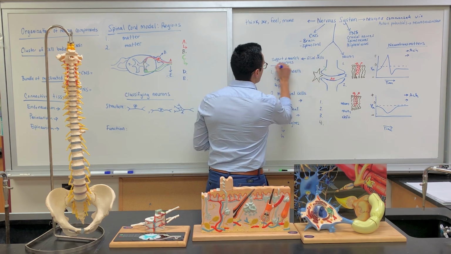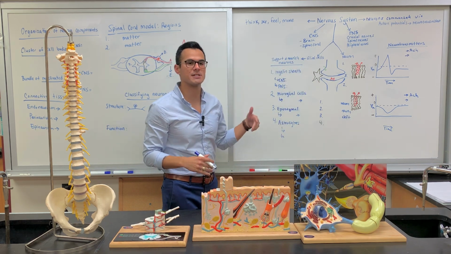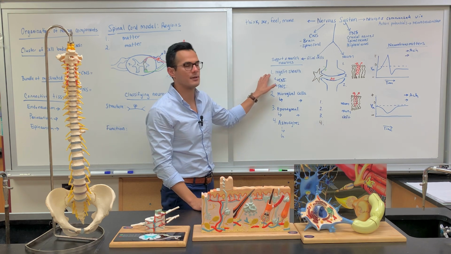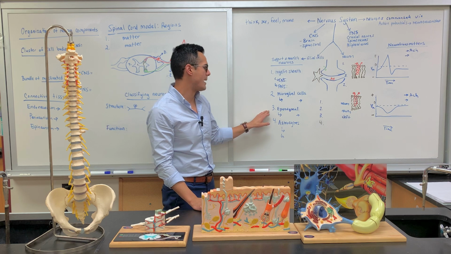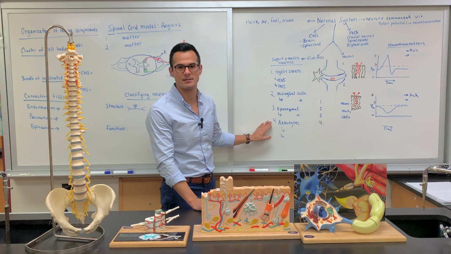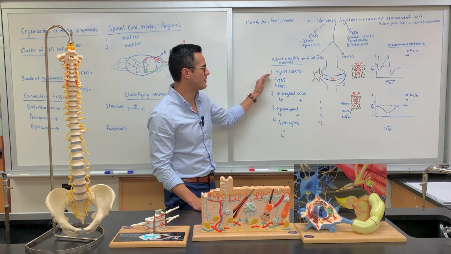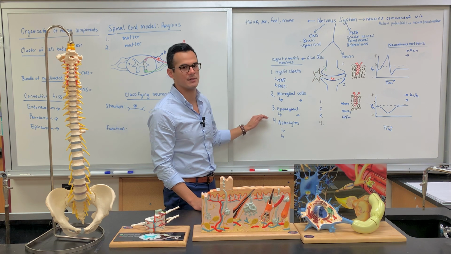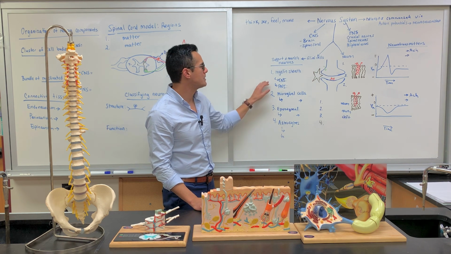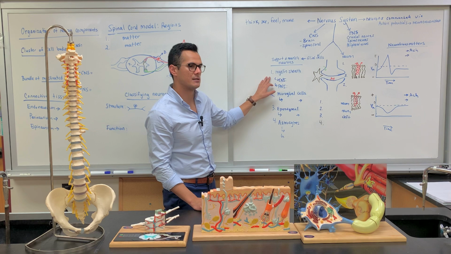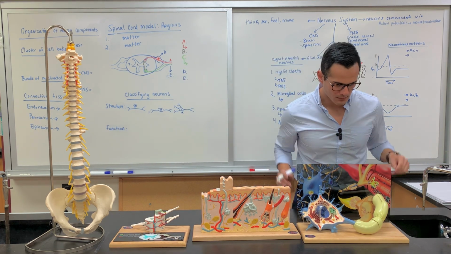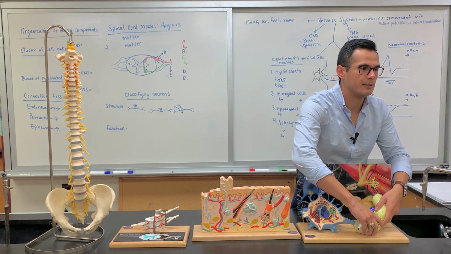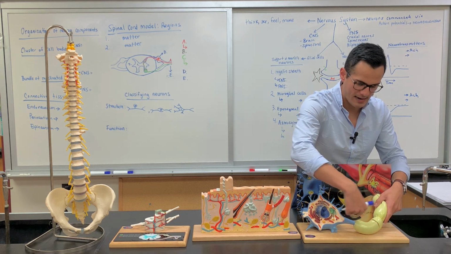Some of the different types of glial cells that we have include the myelin sheath, as well as microglial cells, ependymal cells, and the astrocytes. So let's discuss some of the specifics of these different glial cells. If you look at this neuron model here, you see this yellow part that's covering the axon.